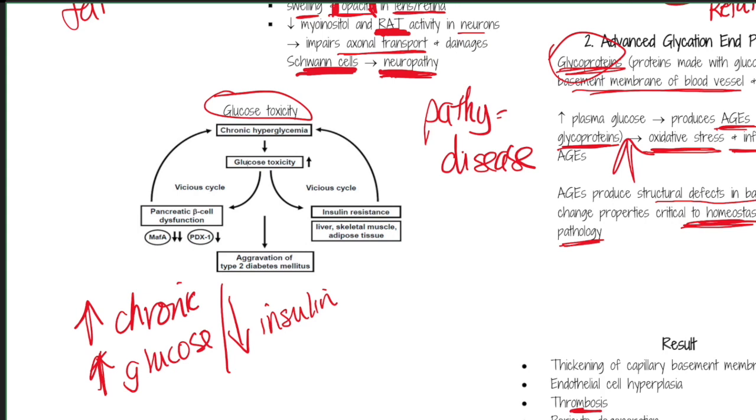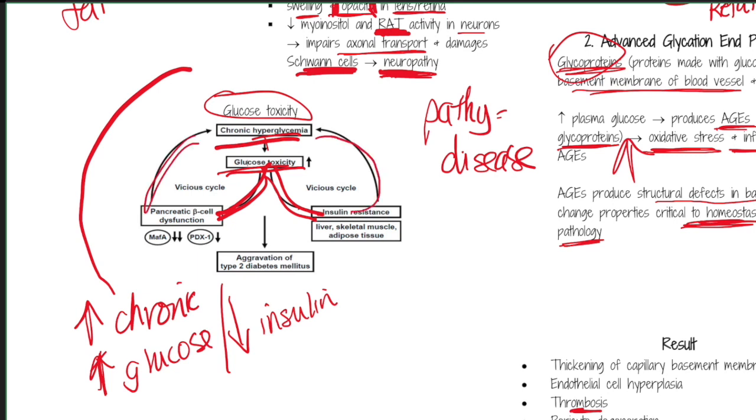And so you can see in this picture, it's this very, I know I've said vicious cycle a lot, but that is the theme of diabetes. You've got this chronic hyperglycemia leading to glucose toxicity that's then causing further insulin resistance, destroying more beta cells, which then just causes further hyperglycemia, right? It's just this vicious cycle.